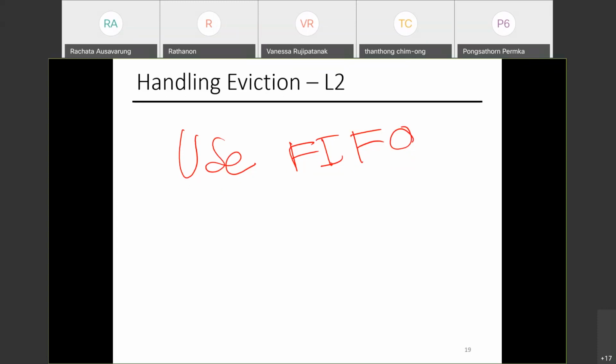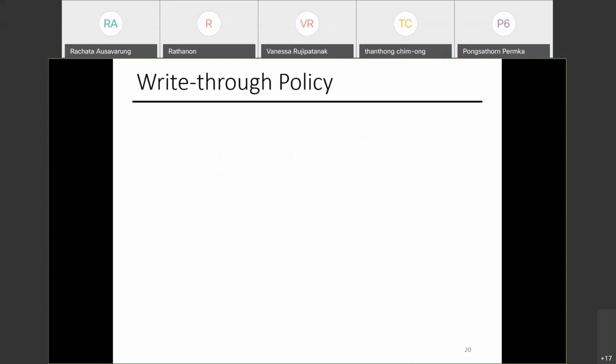All right, so we are done with the lookup, getting set ID, getting tag, read, handling the insertion part where you have the read request, then handling eviction for L1 and L2. The last thing is handling writes. We haven't really talked much about writes, but right now we'll assume a policy called write-through. What does write-through mean?